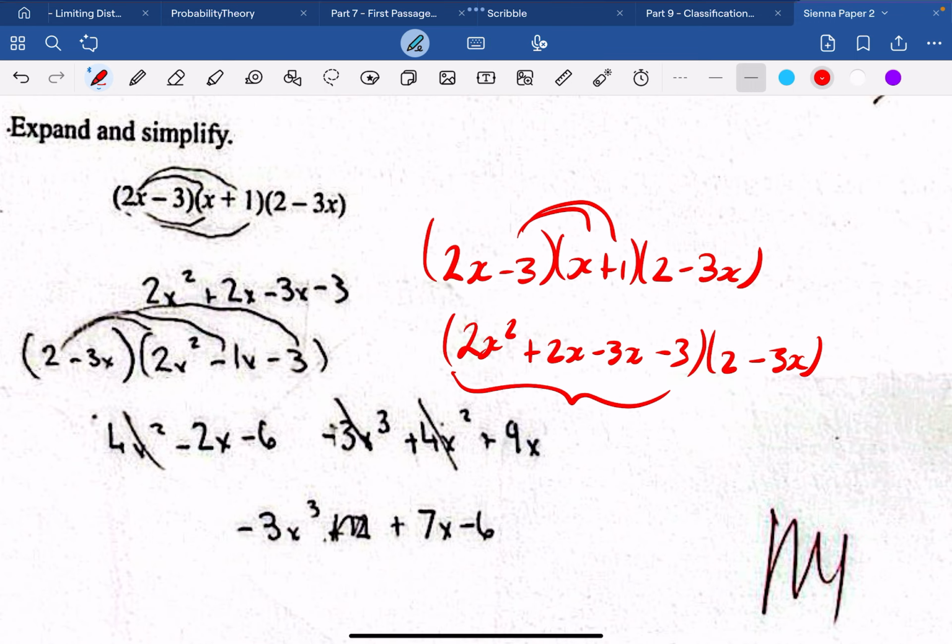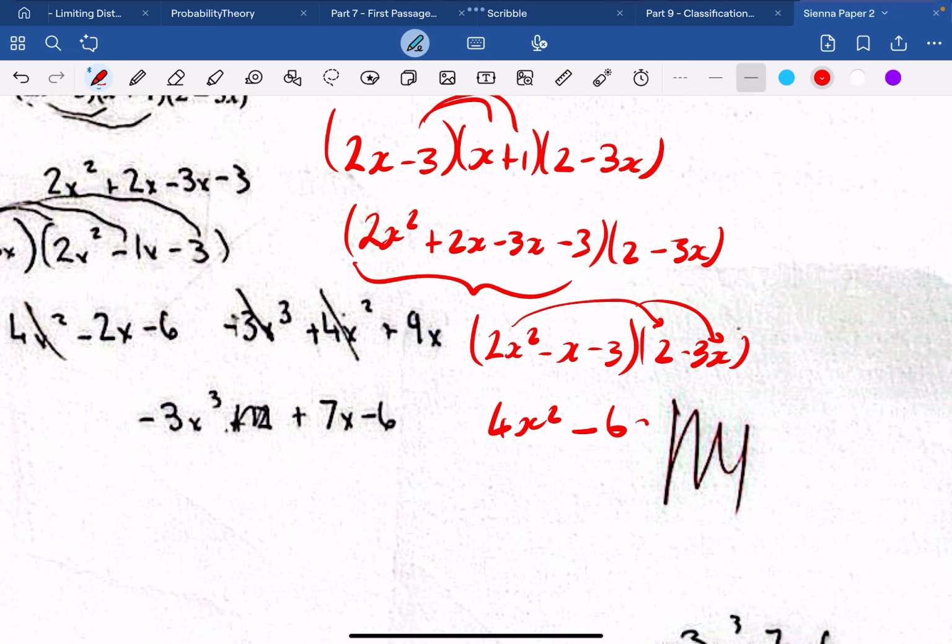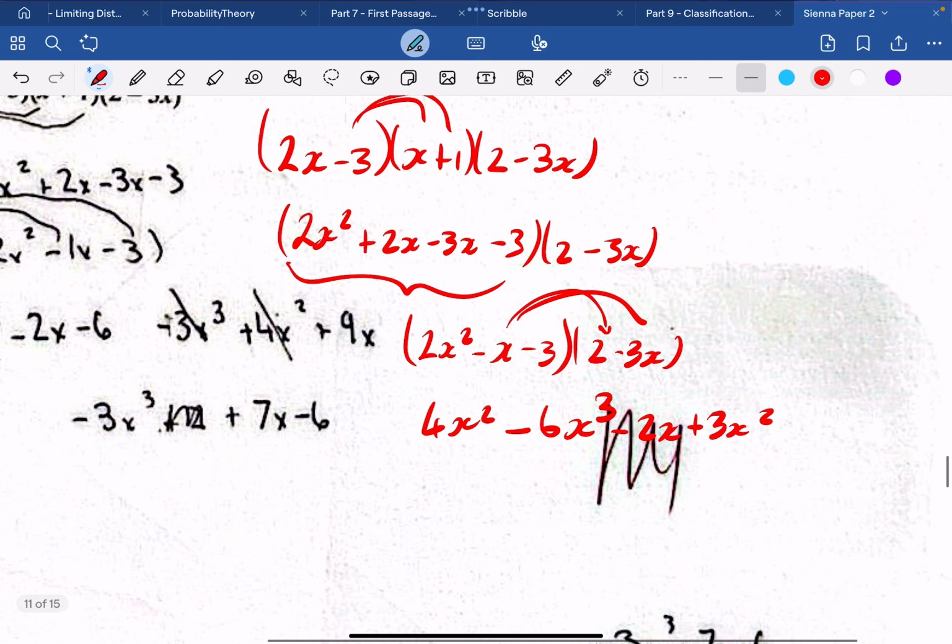Okay, I would suggest we clean this up quickly. So we've got 2x squared minus x minus 3 times 2 minus 3x. Now we multiply it again. 4x squared minus 6x cubed minus 2x plus 3x squared minus 6. So that's where minus 6 comes from.